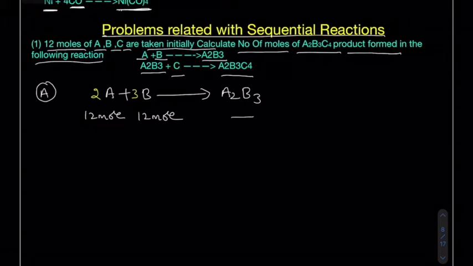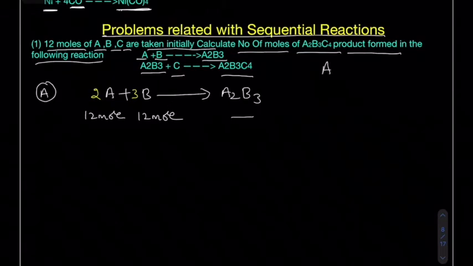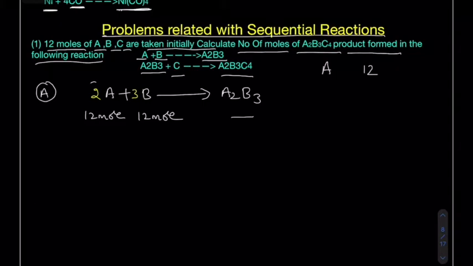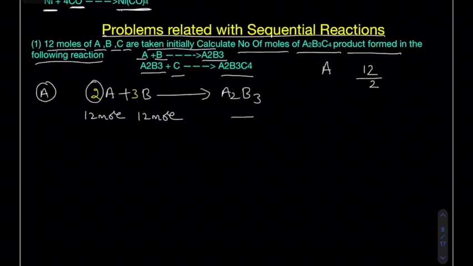Now here, the number of moles of reactant A is given as 12. What is the stoichiometric coefficient of reactant A? 2. So I am dividing by 2. Number of moles divided by stoichiometric coefficient gives the stoichiometric quantity, that is 6.